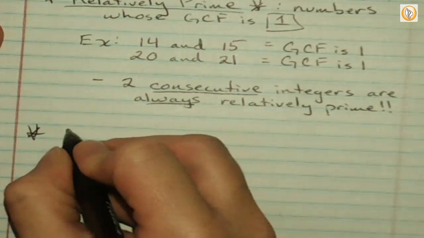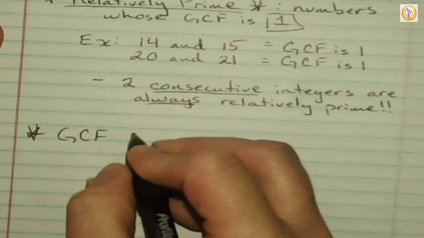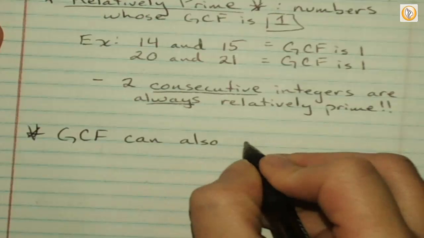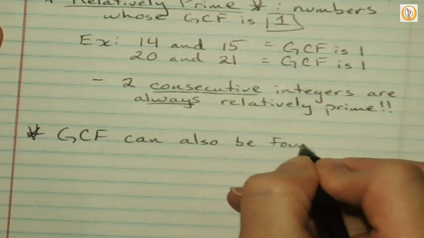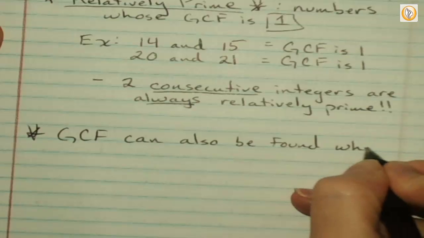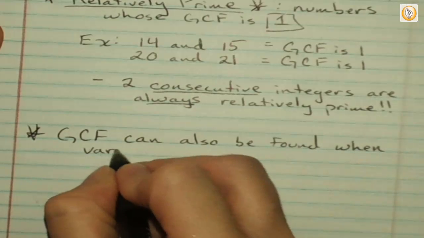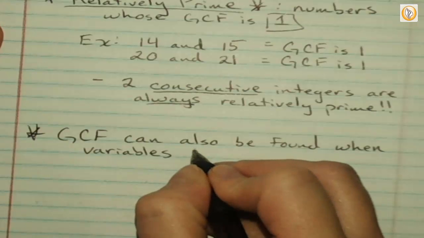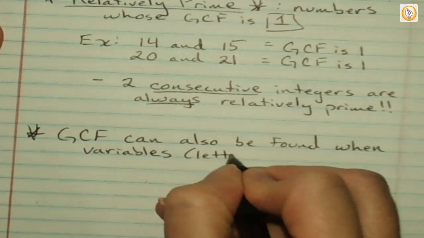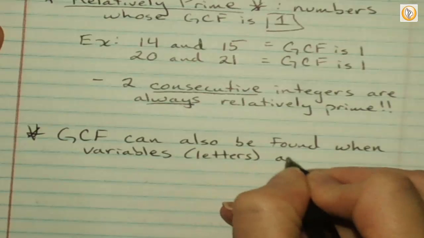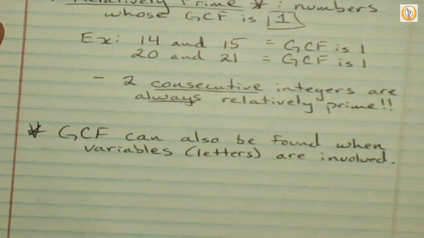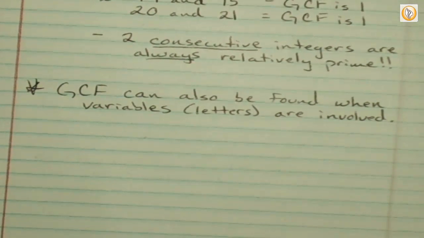Now we're going to get into some hairy stuff. Yay. GCF, the greatest common factor, can also be found when variables, which are letters, are involved.